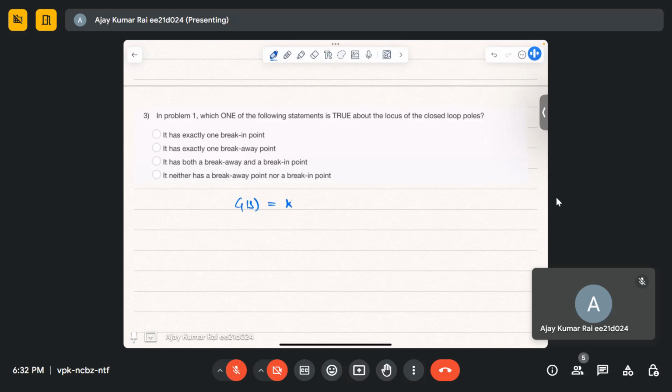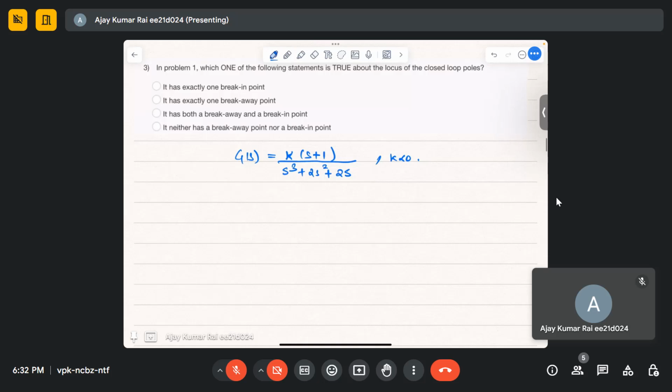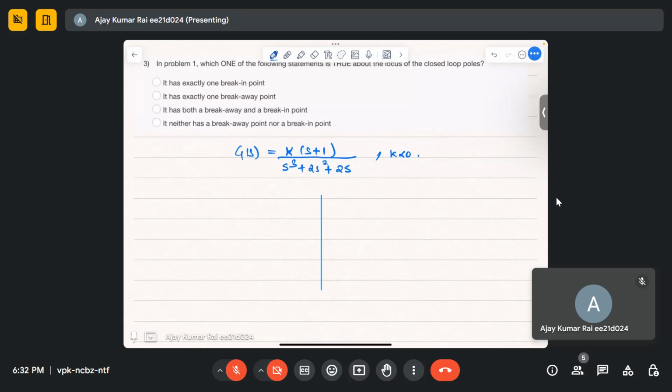This was the original transfer function for the open loop, and we have plotted it also.